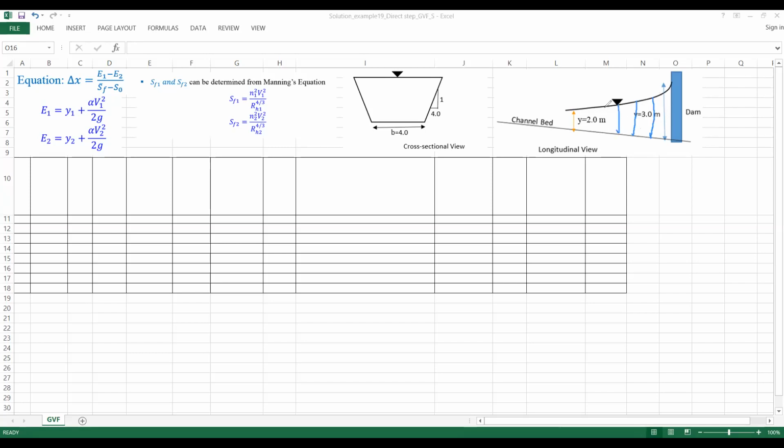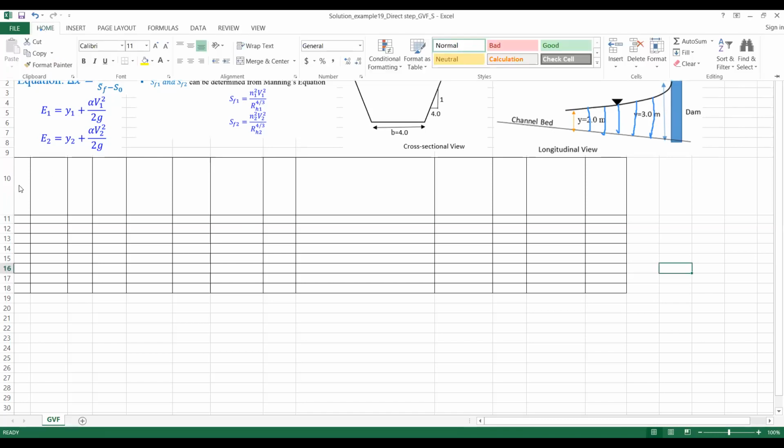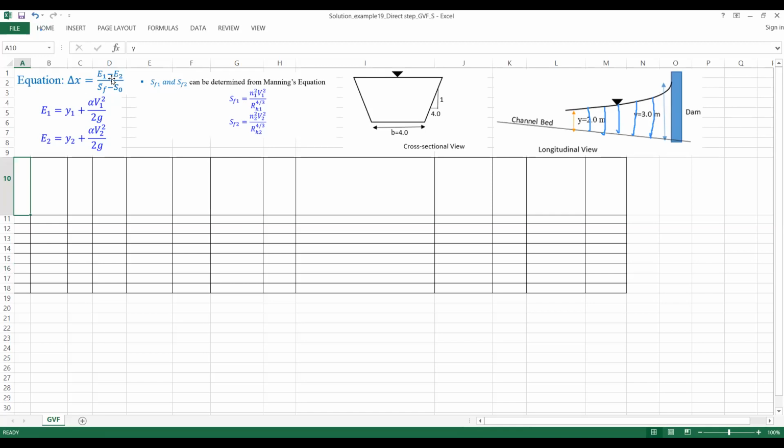We will assume the depth of each section. At first we need some depths.